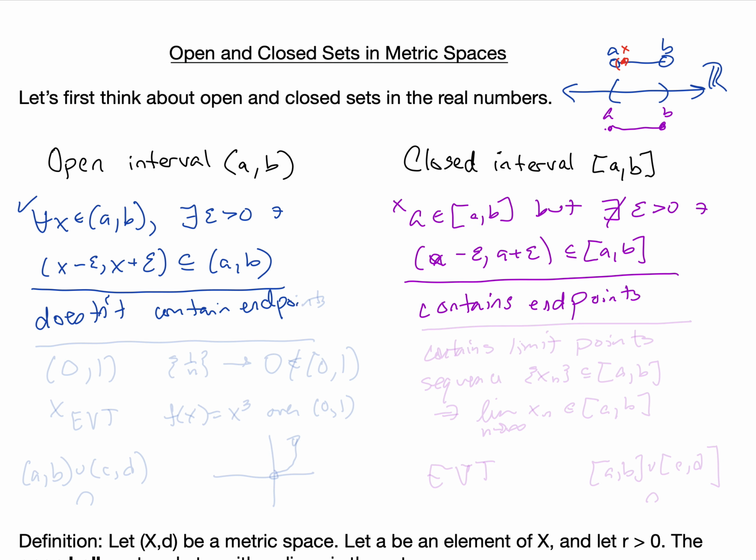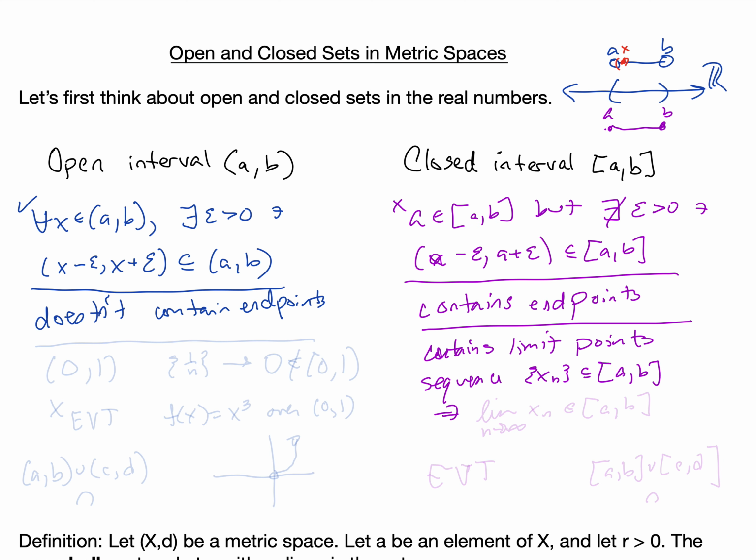And along those lines, a closed interval also contains all of its limit points. We're not going to define that very formally for now, but we will be defining that formally in the next two sections. Say we have a sequence x sub n that's entirely a subset of some closed interval AB.